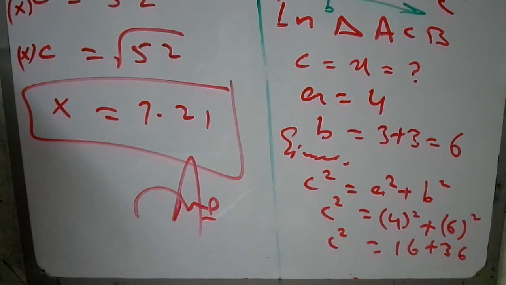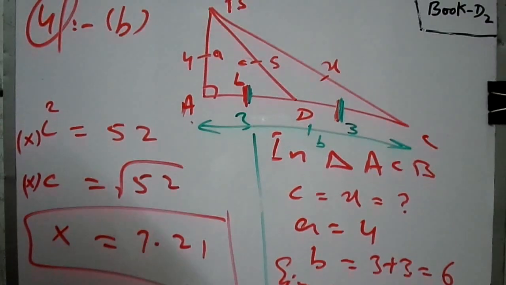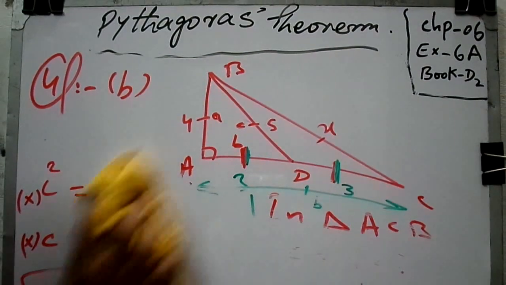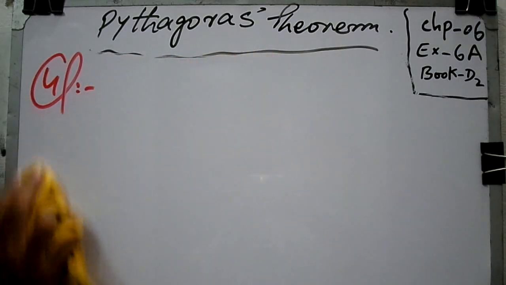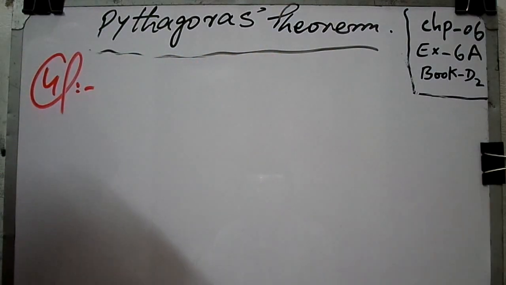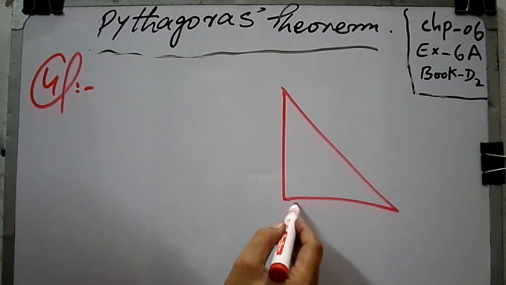So it means you have calculated part B. In part C, another triangle is given to you. It's a very important exercise, because triangles may confuse students. So first of all, you have to draw the triangle. That is your triangle.